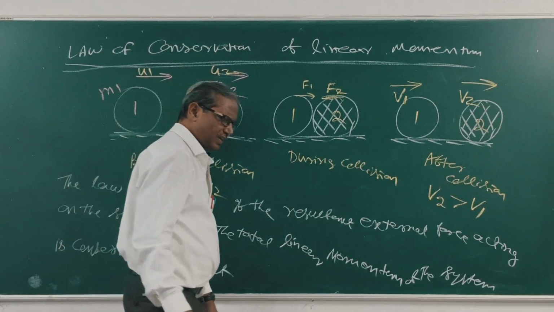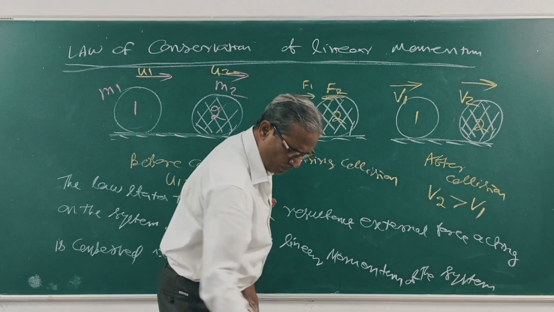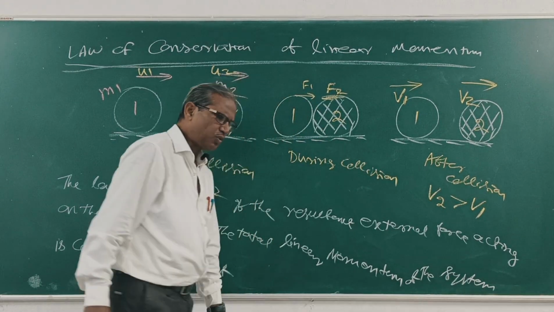Clear? That is m1 u1 plus m2 u2 is equal to m1 v1 plus m2 v2.